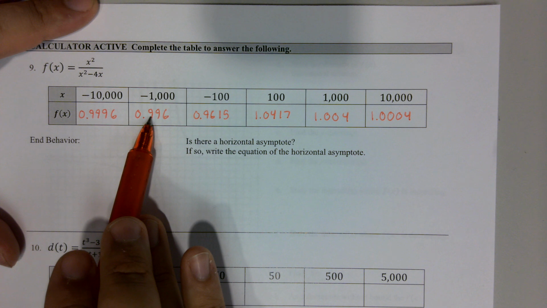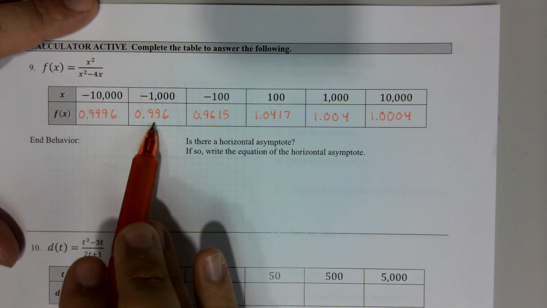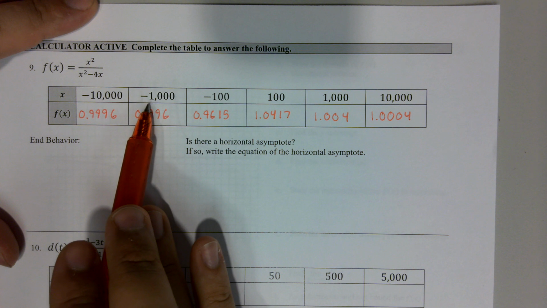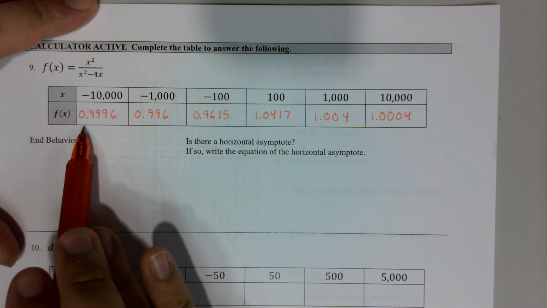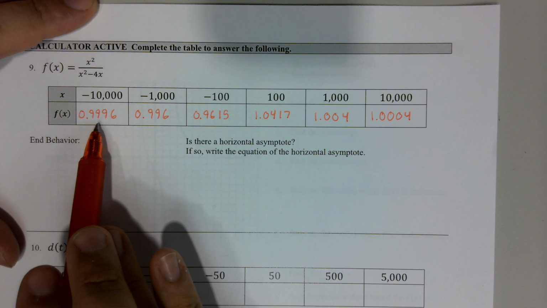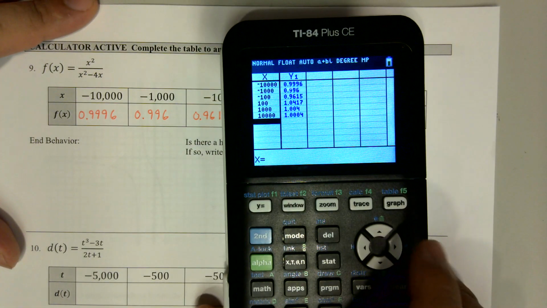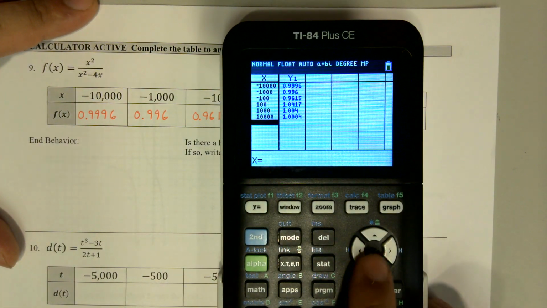At negative 1,000, 10 times further down the x-axis, it only grew by 3/100ths. It's only 0.99. And then 10 times further than that, it's still only 0.999. It's not growing towards positive or negative infinity, it's approaching some value. And if it's not clear what value it's approaching, you can always type in bigger and bigger numbers.